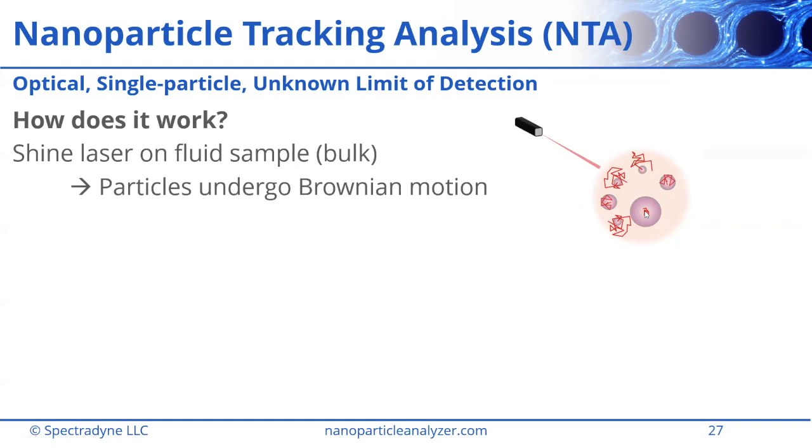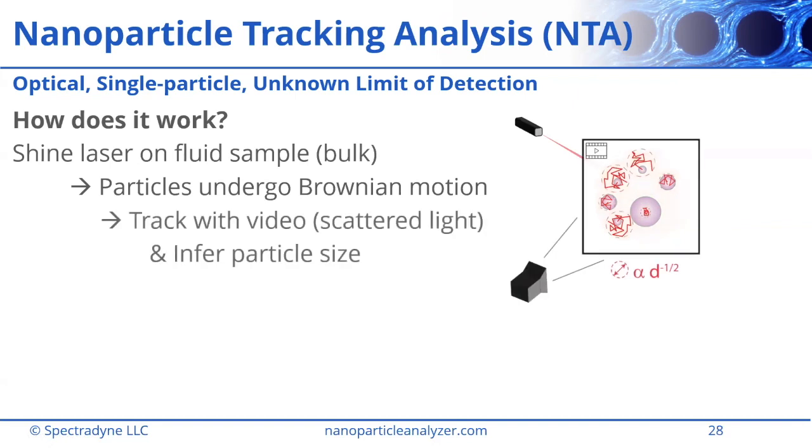So instead of now measuring the dynamics of all the scattered light in bulk, what we'll do is take a video of the scattered light from the individual particles, and we'll track these random walks around in space under a microscope, essentially. And from that, we'll infer particle size from individual particles. So that's a great idea. And in principle, now we're measuring single particles in this technique, and that's great.